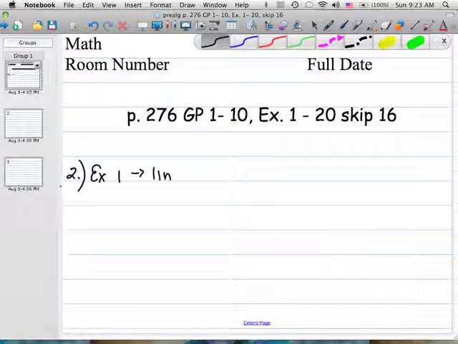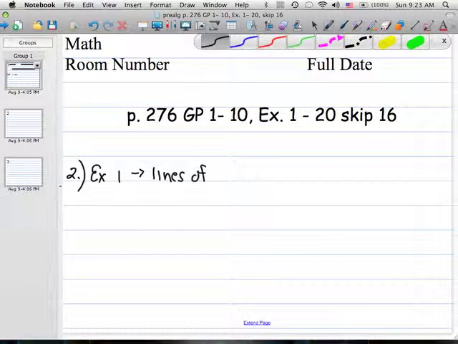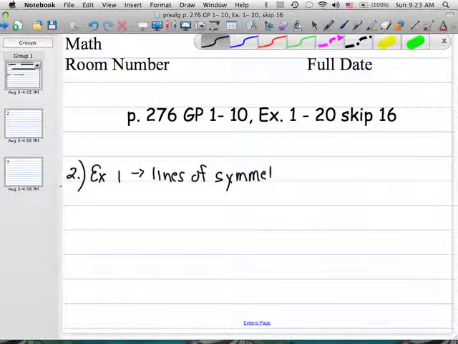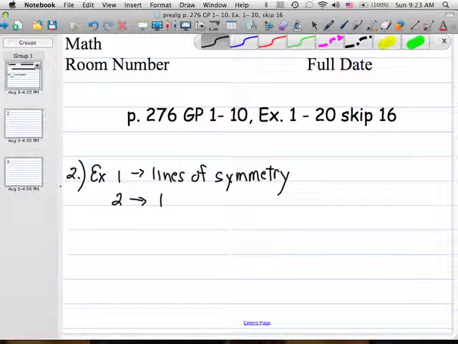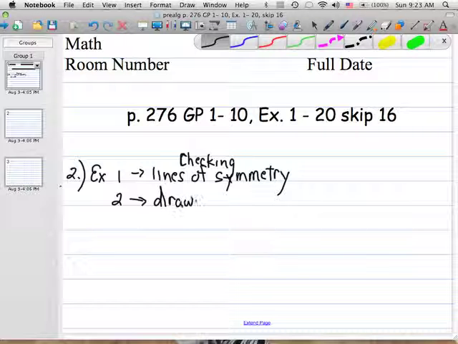They're finding those lines where the figure can be divided into two equal parts, one folded on top of the other. And example 2, they're checking lines of symmetry in one, we'll say that. And they're actually drawing the lines of symmetry.